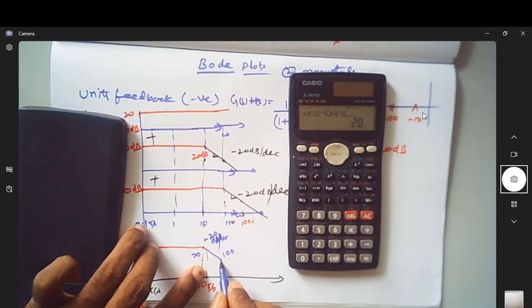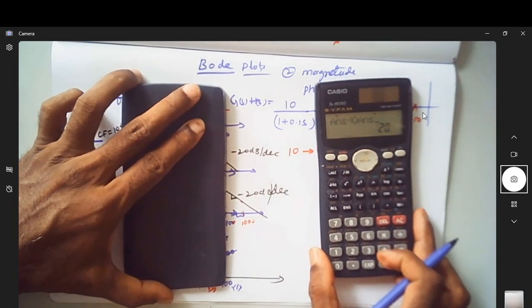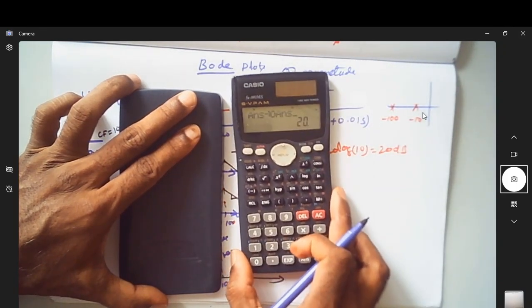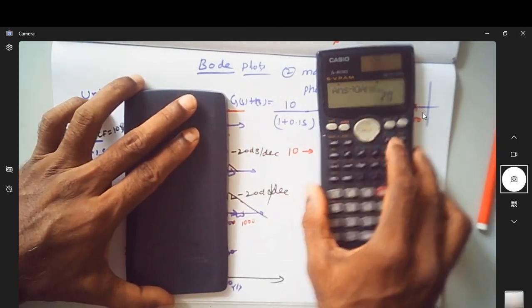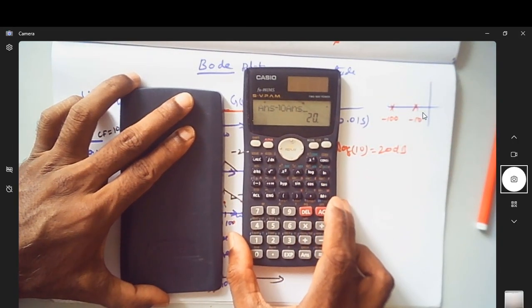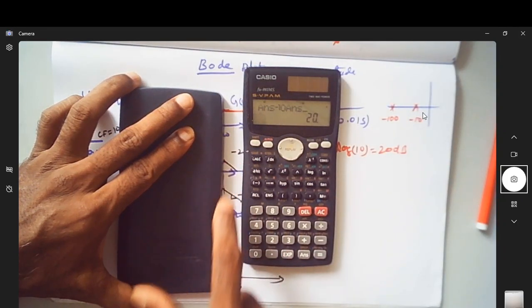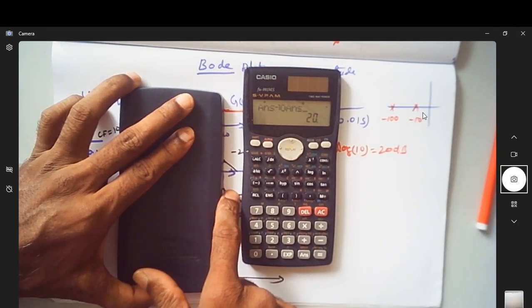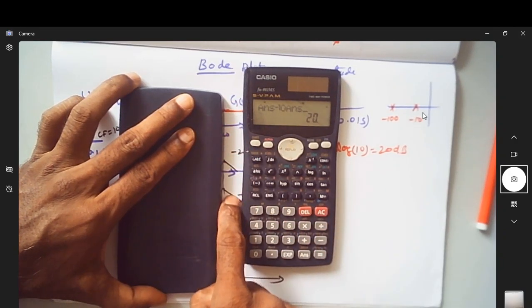Then after 100 radian per second, see now, what's the slope of the individual lines? So let me write this also here. Is the slope of the first line 0? Is the slope of the second minus 20? Do you have another minus 20? So the sum of the slopes is 0 plus minus 20 plus minus 20.